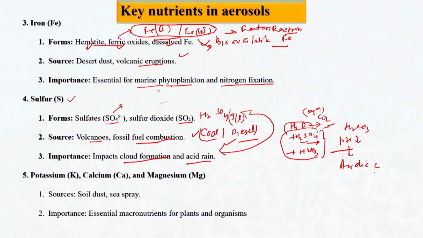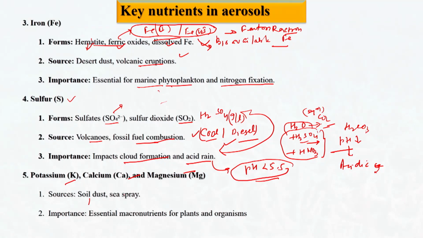This is called acid rain. Generally, pH less than 5.5 is called acid rain. Then there are a few key elements further: potassium, calcium and magnesium.